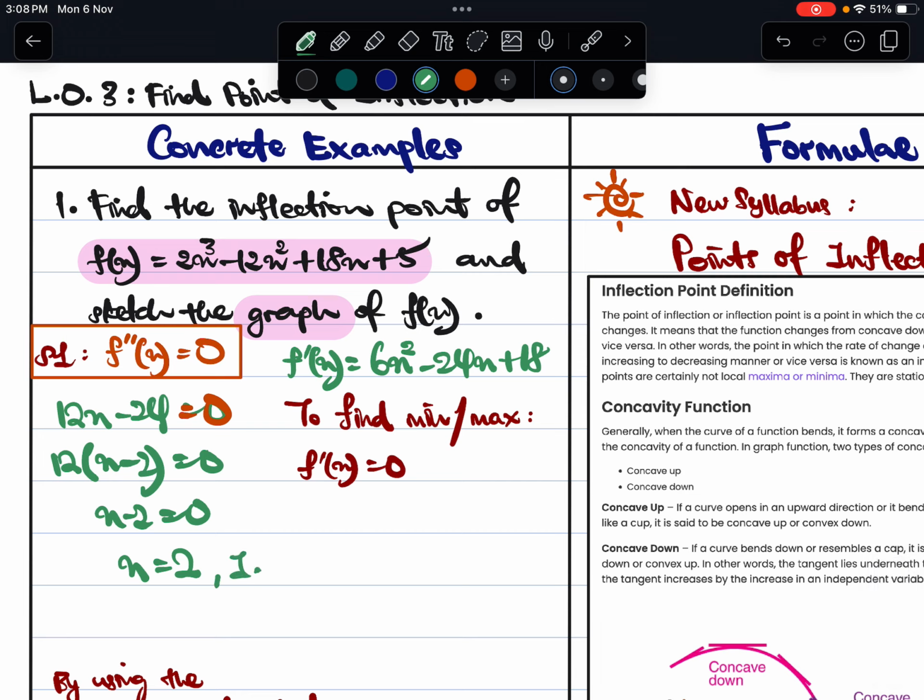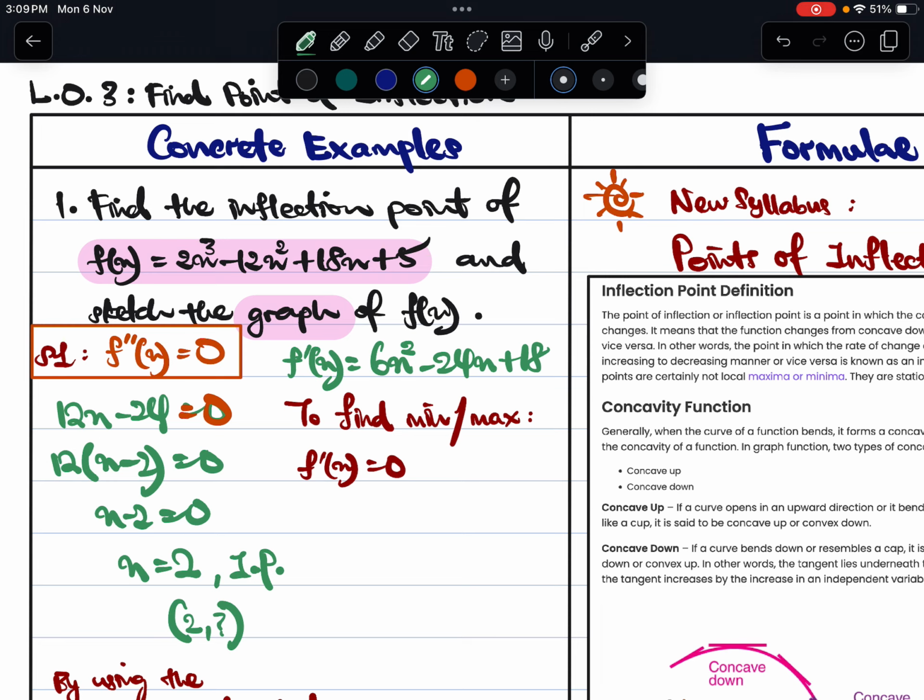I will put inflection point as IP, so that from now onwards, when I say IP, it means inflection point. Inflection point means we need a coordinate, isn't it? A point means a coordinate, so we lack the y coordinate now.